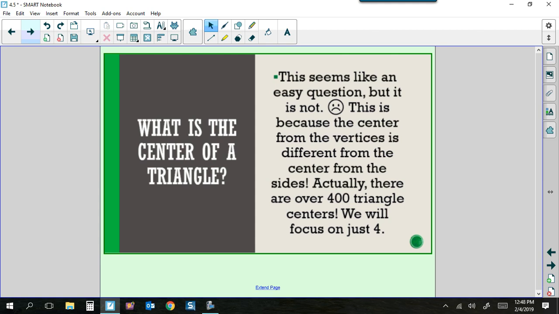These 4 are the most common that you will see used. 3 of them are centers of very obvious things. The 4th one, it's a little bit more complicated, but it gets grouped into this category of the 4 most common ones. So we're going to go ahead and do all 4 today in this lesson. So make sure you have your compass and straight edge out along with some highlighters, please.